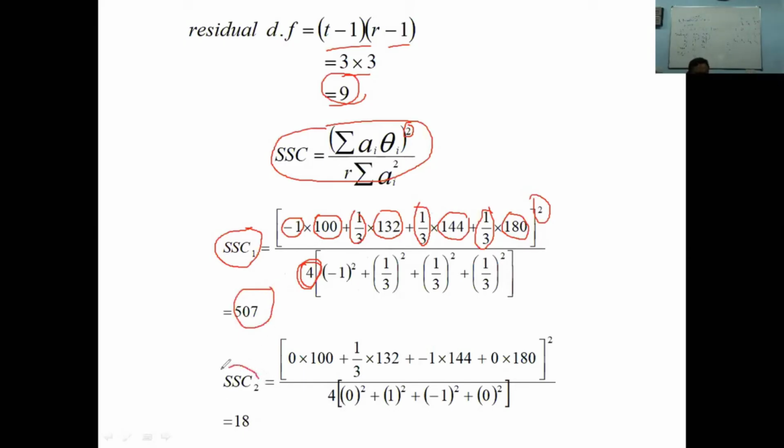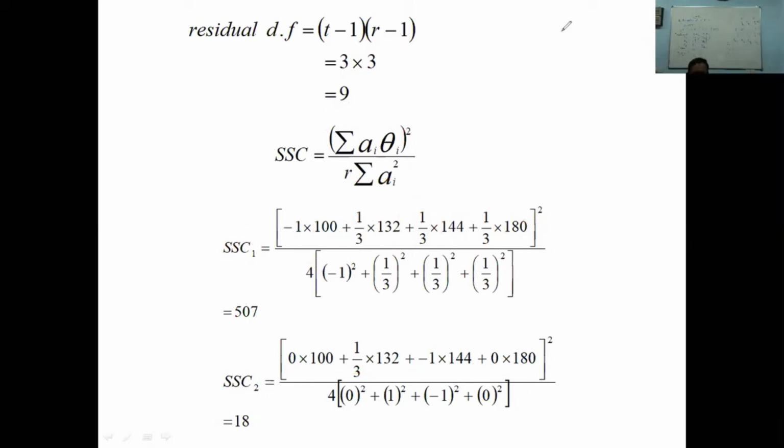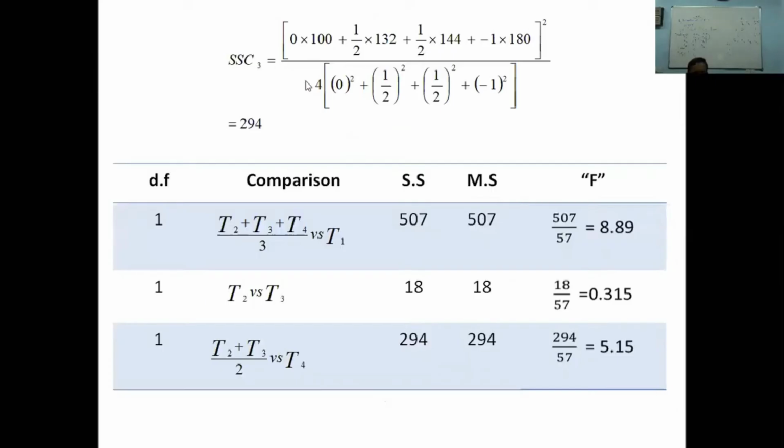Similarly, you can calculate the sums of square of the second contrast. Only the coefficients change. The treatment totals remain as they are, right? The coefficients change, so you get the sums of square for the second contrast. Then you calculate the sums of square for the third contrast.